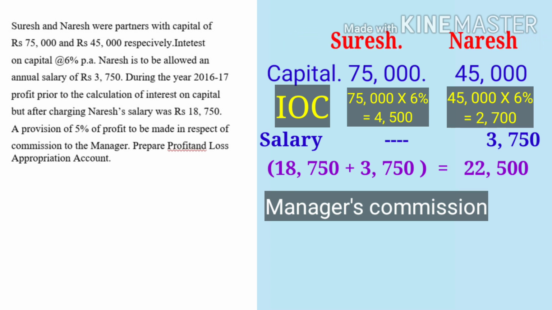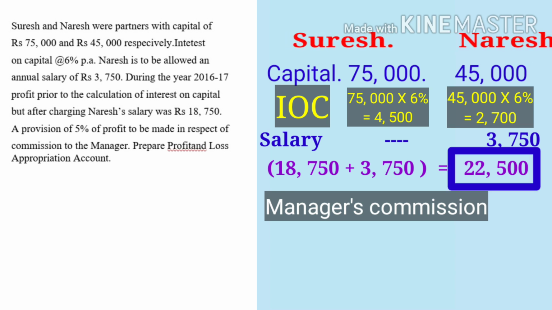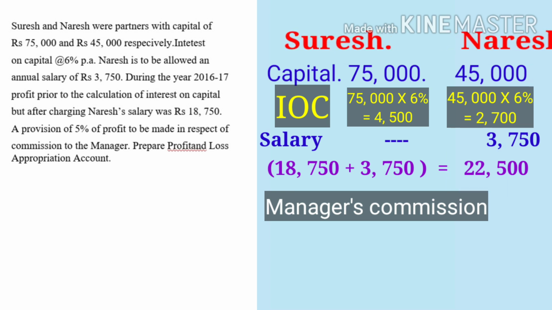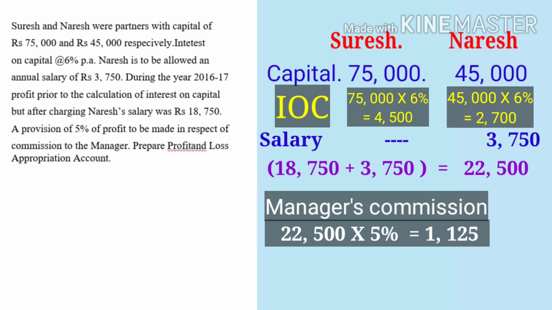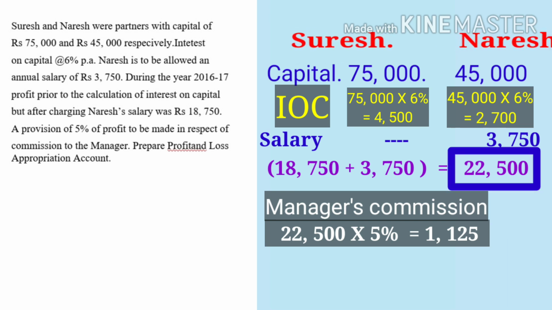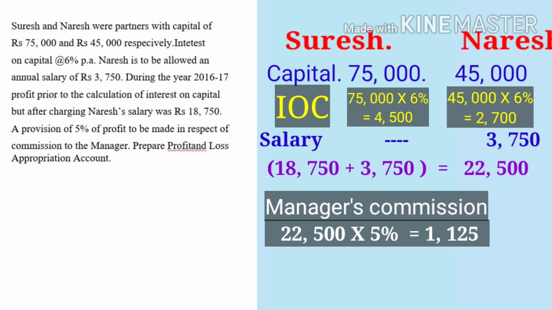So our profit is rupees 22,500 and the manager is not a partner, so we cannot show it in the profit and loss appropriation account. So the manager's commission equals 22,500 into 5%, that's equal to 1,125. This 1,125 is the expense that needs to be shown in the profit and loss account, right?